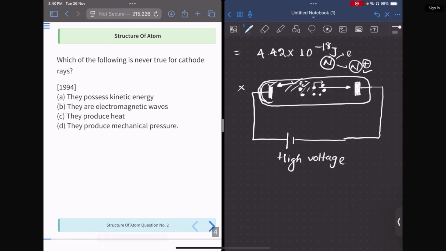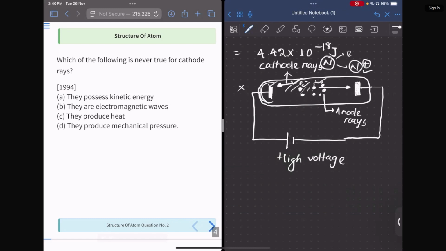These streams of electrons and streams of ions are named cathode rays and anode rays. The electron streams are called cathode rays, and the positively charged ion streams are called anode rays.